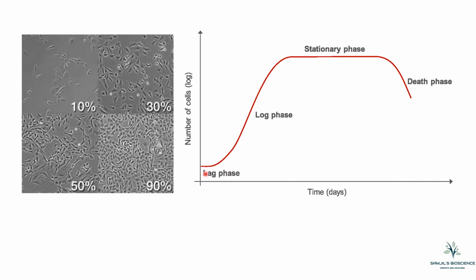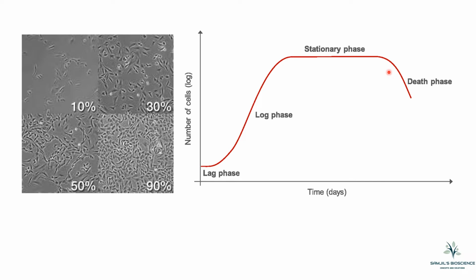Then you see a steep rise in the cells. Here the y-axis tells you the number of cells, and this is the time. You can see there is a log phase, and afterwards a stationary phase.